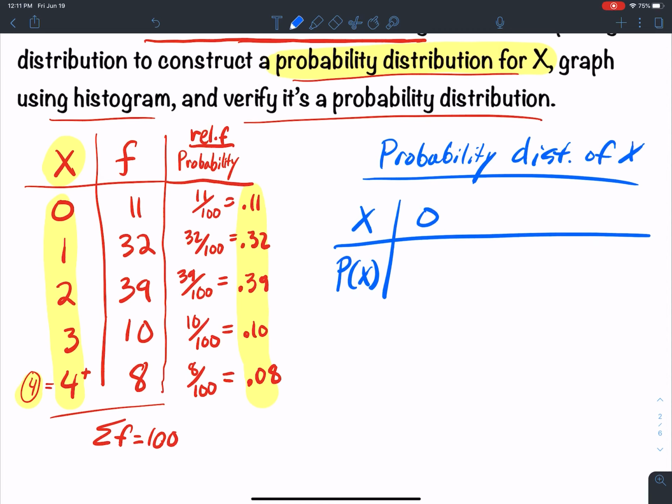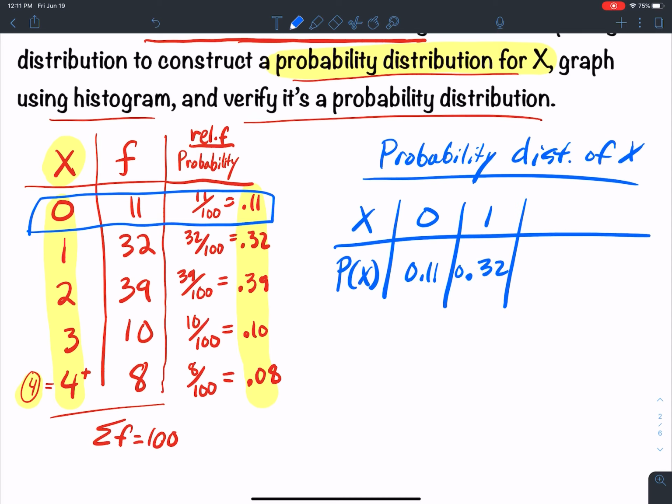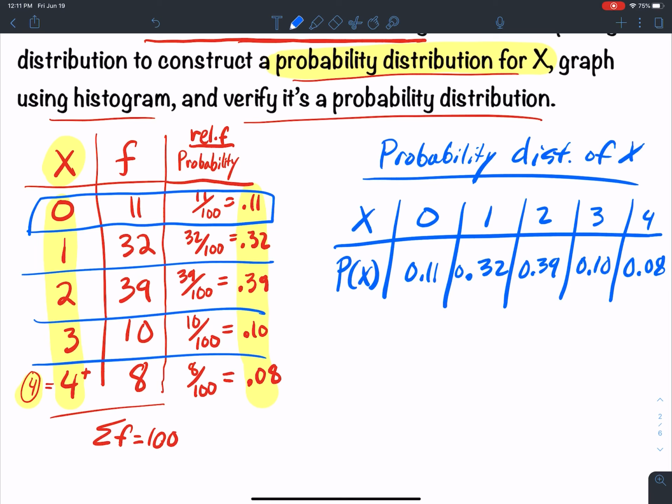The first value is 0, and it has a 0.11 chance of happening. The next value is 1, and it has a 0.32 chance of happening. The next value is 2, and it has a 0.39 chance. Then 3 with a 0.10 chance, and then 4 with a 0.08 chance. So broken up using this table, that, my friends, is a probability distribution.